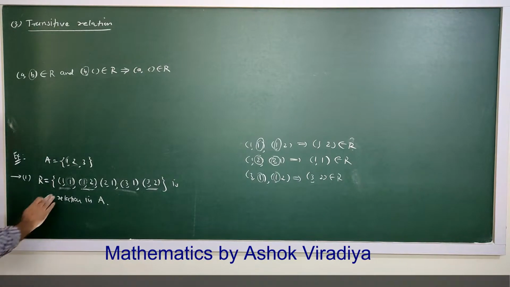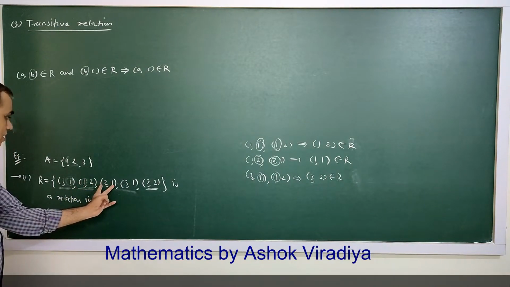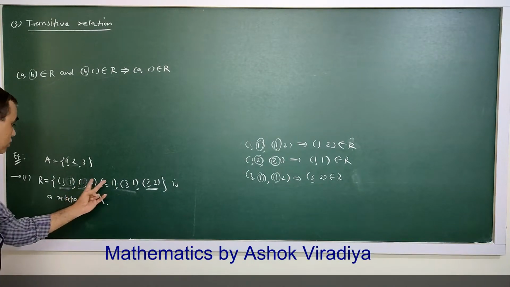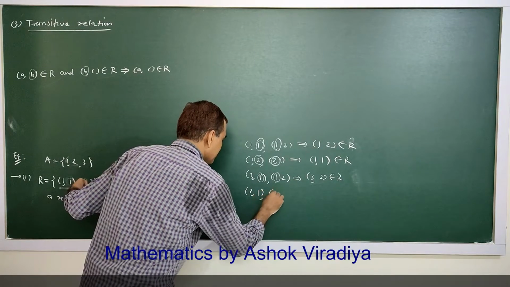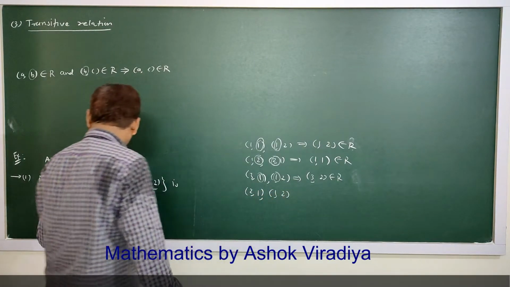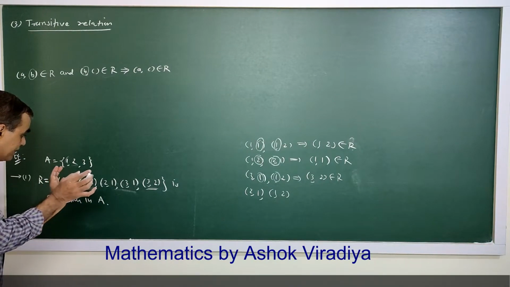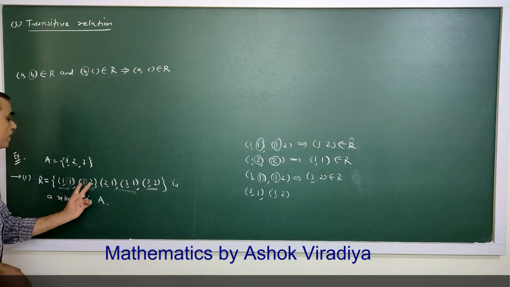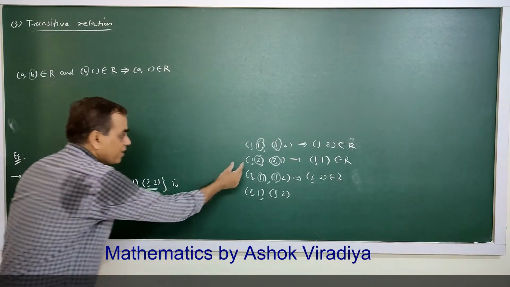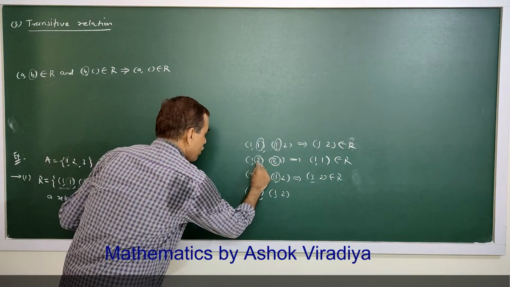Check for another. Suppose this is (2, 1), (1, 2). (2, 1) is on the right side, (1, 2) is on the left side. So if I arrange this way, (2, 1), (1, 2). See, previously what had we taken? (1, 2), (2, 1), in which 2 was in common.